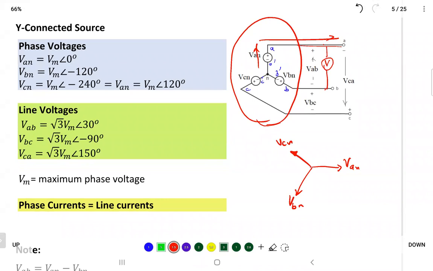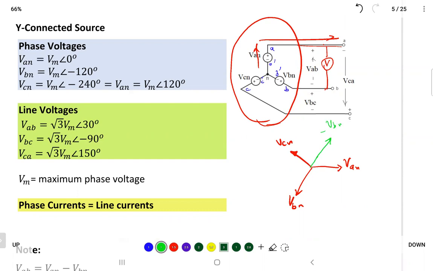If you want to find the voltage between phase A and phase B, which is the line voltage, you will say VA minus VB, right? So that's VA, and for VB you just flip it. It will be like a negative VB, so that's minus VBN.